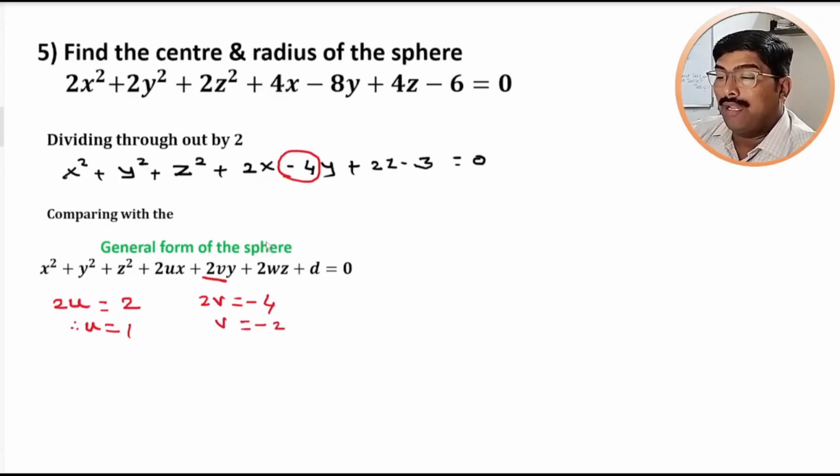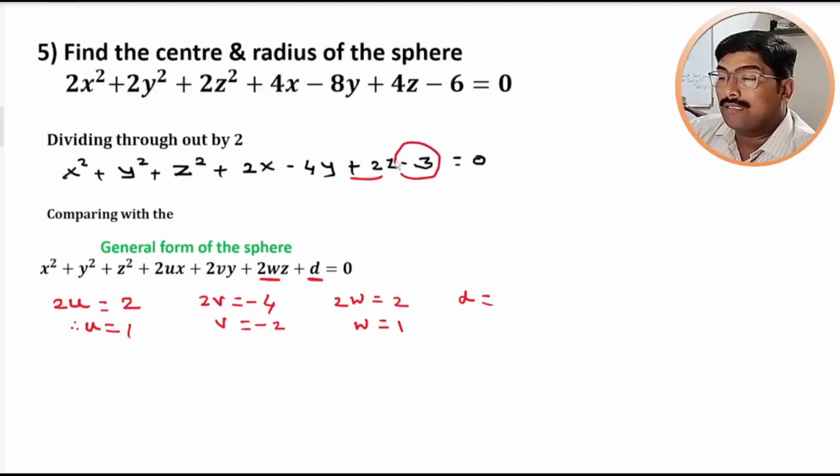And similarly, the coefficient of z is 2w, and here the coefficient of z is plus 2. So that is 2w is equal to plus 2. Therefore, the value of w is equal to 1, and at last the constant term is d, and here the constant term is minus 3.